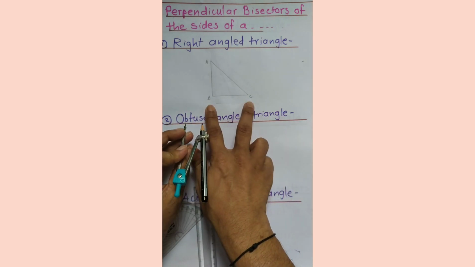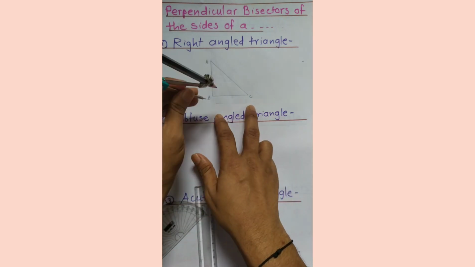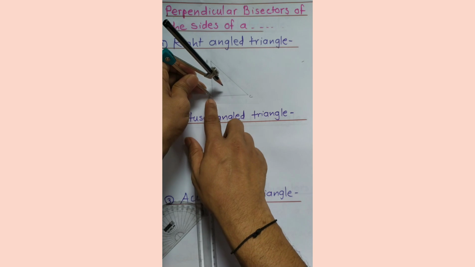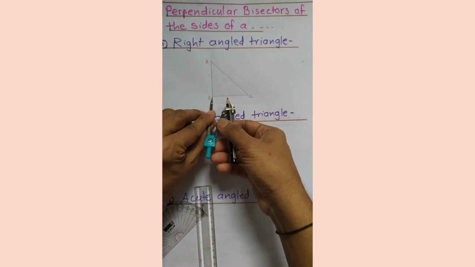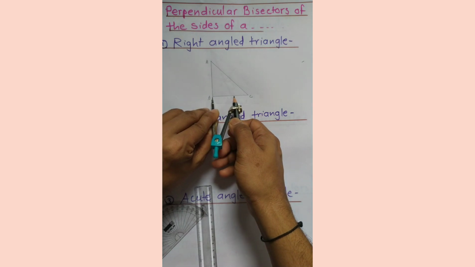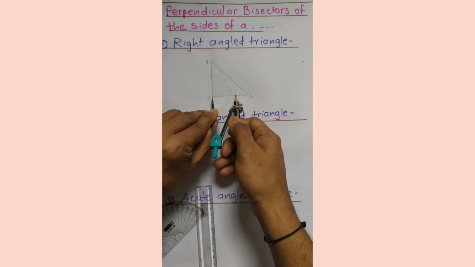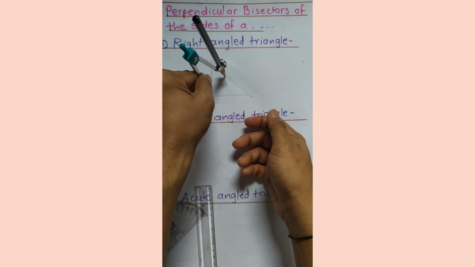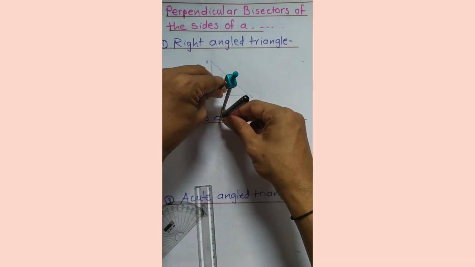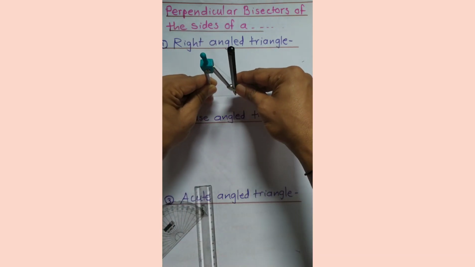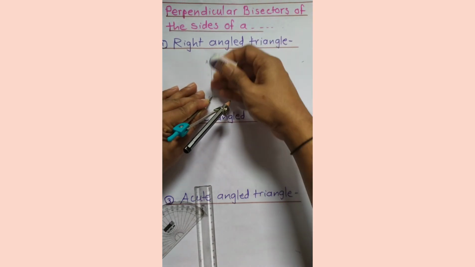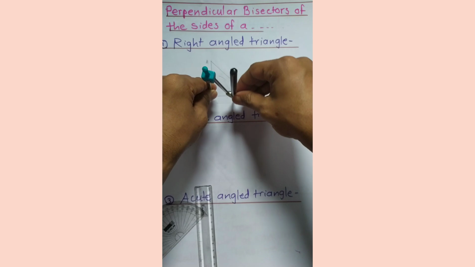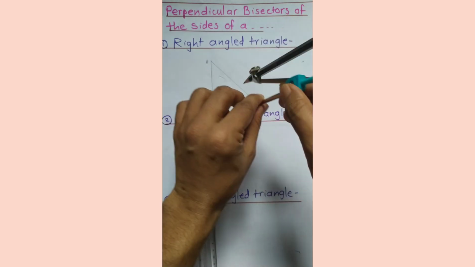First of all, we will take side BC, put the pointed part on one end of the segment, that is point B. Then take more than half distance, put one arc on the upper side, one on the lower side.